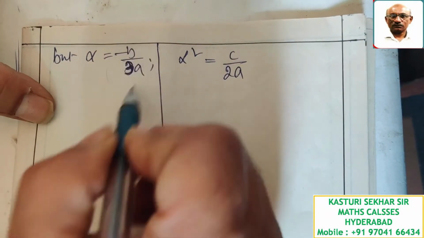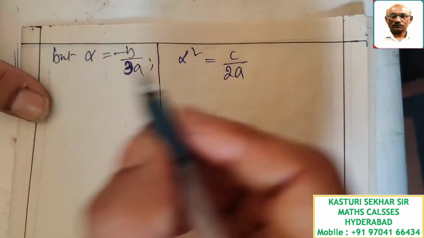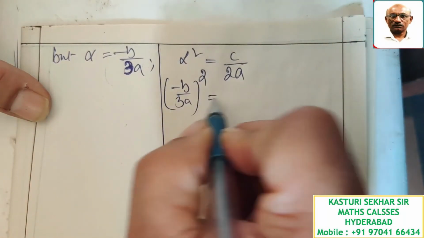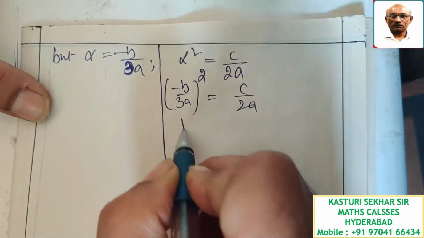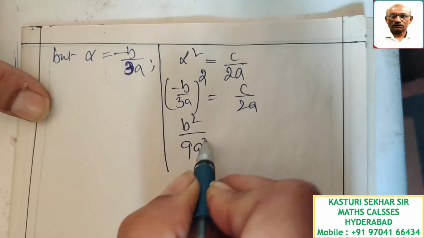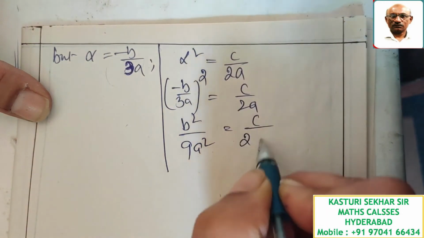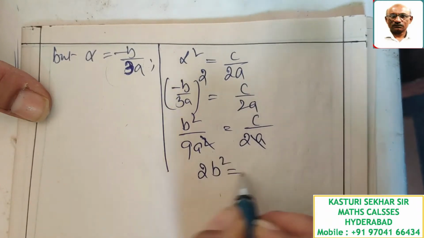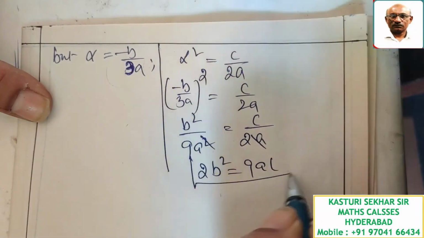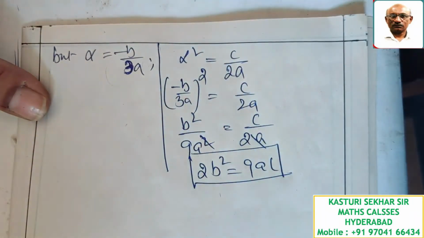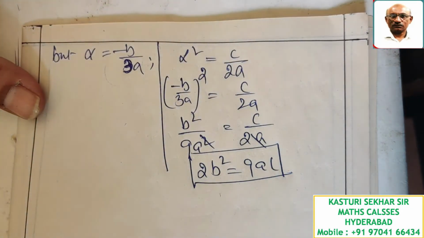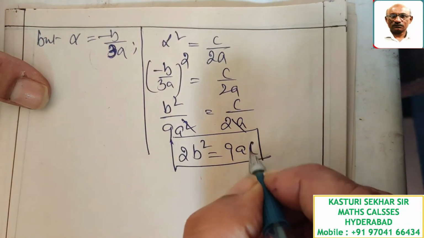Here I can replace alpha value with minus b by 3a. Minus b by 3a whole square is equal to c by 2a. B square by 9a square is equal to c by 2a. Cross multiply: 2b square is equal to 9ac.